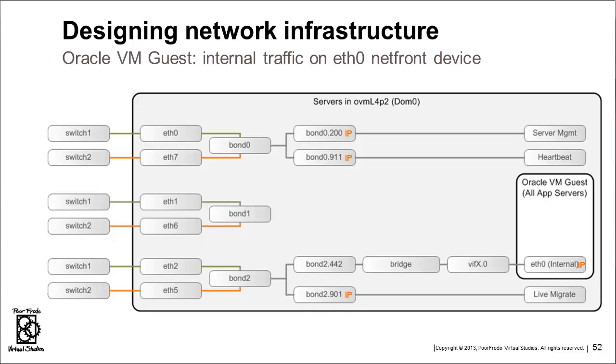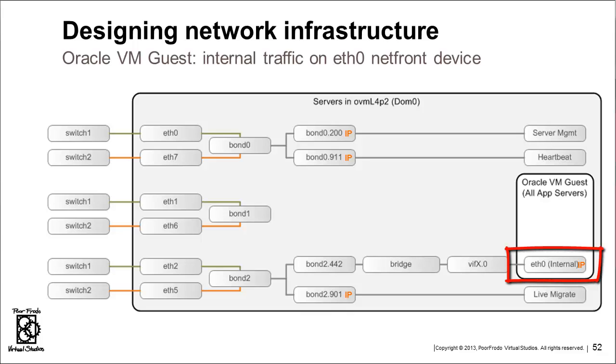A new and unique domain ID is assigned to the same virtual machine every time it is stopped and started again. So we use the generic term DOM-U to mean an instance of a virtual machine running on DOM 0. In this case, you can see I will create a VLAN 442 device for bond 2 to use as the front end for the guest operating system running on DOM-U.